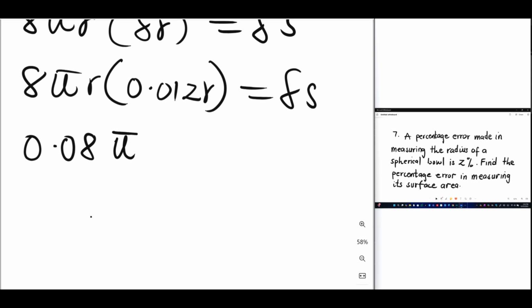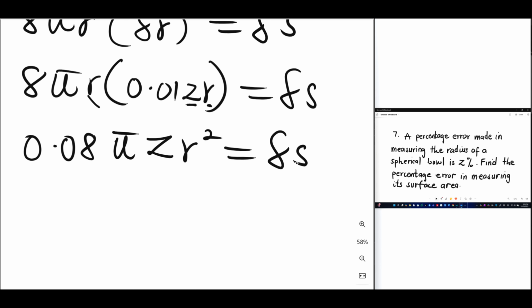Then we have pi, then z multiplying the z over here, then we have r multiplying r, giving ZR squared. So this becomes the small change in S, the error that has occurred in the total surface area.